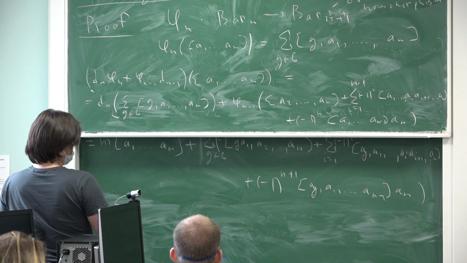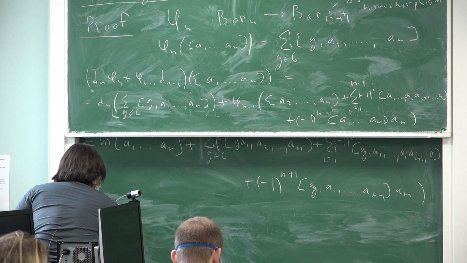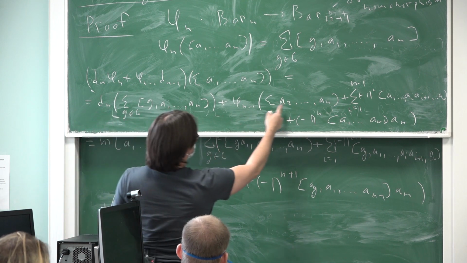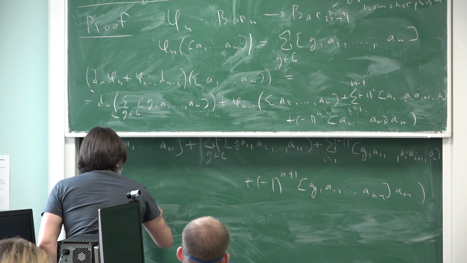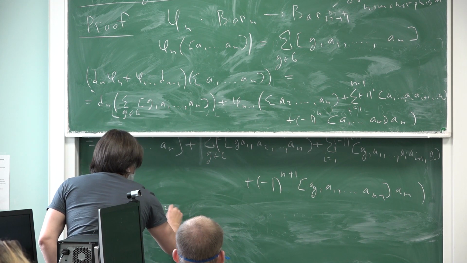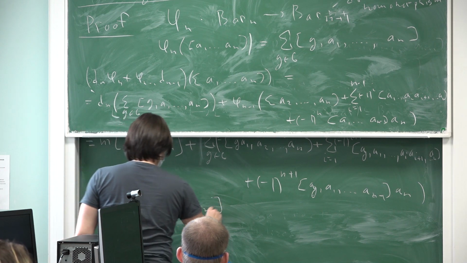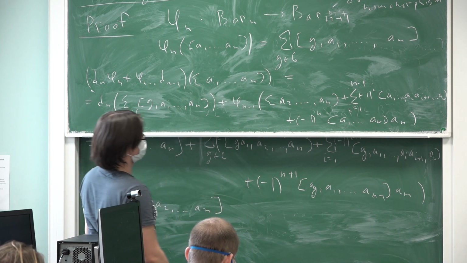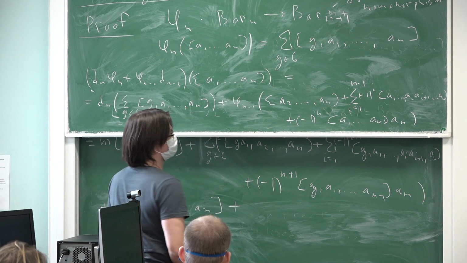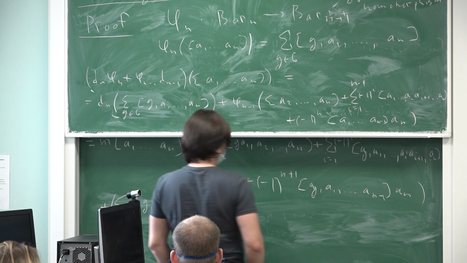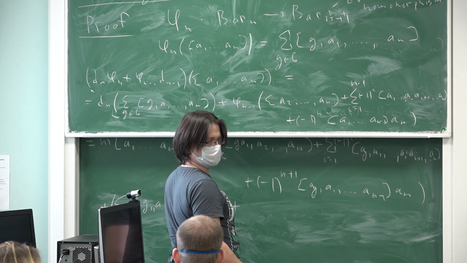So it is again the sum for g from g. Like this guy, it is g a2, so on an. Plus, and you can see that it is the same thing as here, but with the opposite sign.